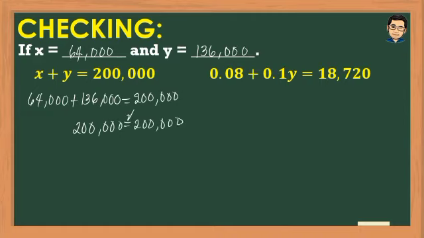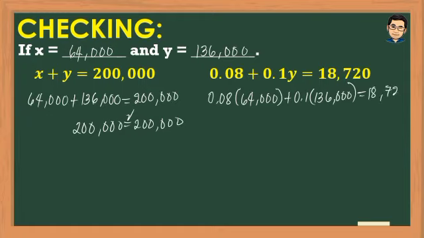On the second equation naman, so 0.08 times the value of x, that is 64,000, plus 0.1 times the value of y, that is 136,000, equals 18,720.